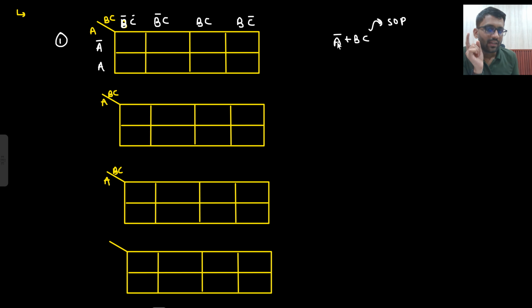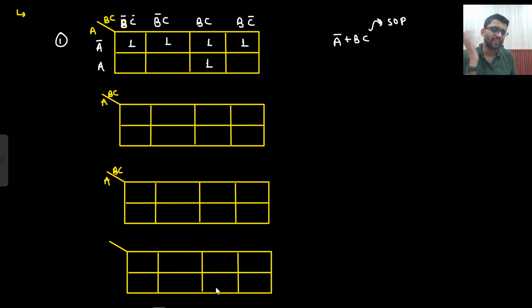Now let's see it. A bar plus BC. So here only A bar is constant. That means this has to be 1, this has to be 1, this has to be 1, this has to be 1. So mark all the cells where you can see A bar. I can see A bar in all these cells. Then I need BC. So mark all the cells where you can see BC.